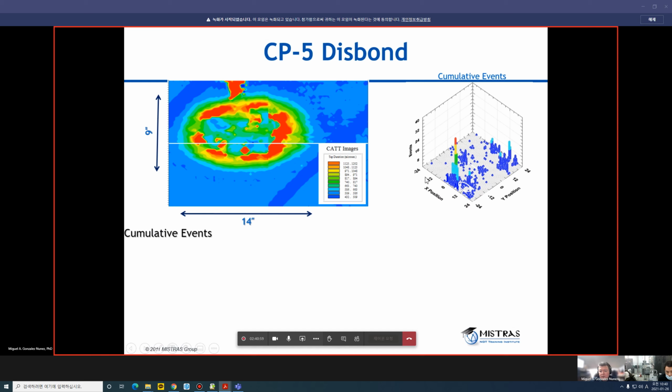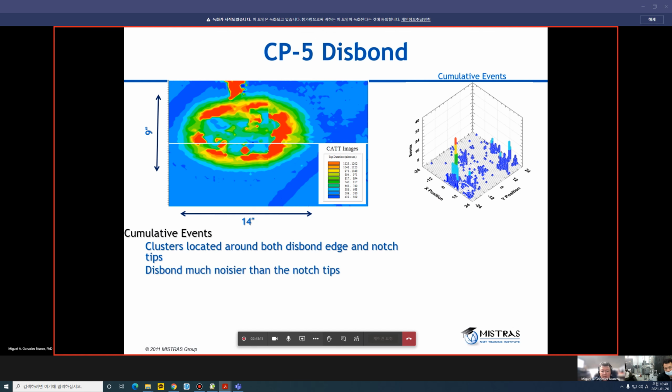This is the increasing events, the X position, Y position, and these are the far field events detected with these sensors. The cluster located around both this bone edge and notch tip, and this bone is much noisier than the notch tips.